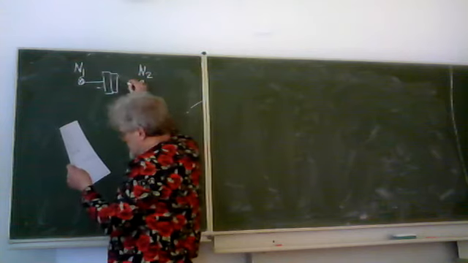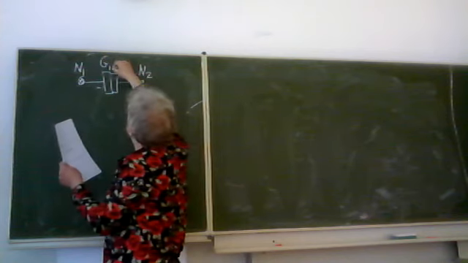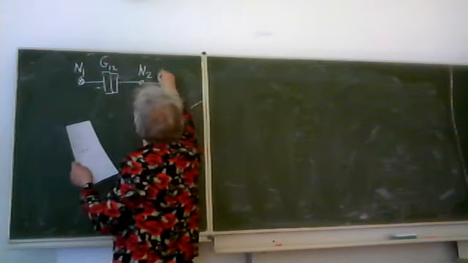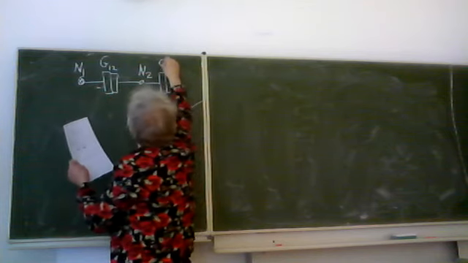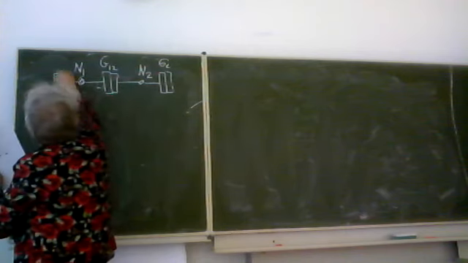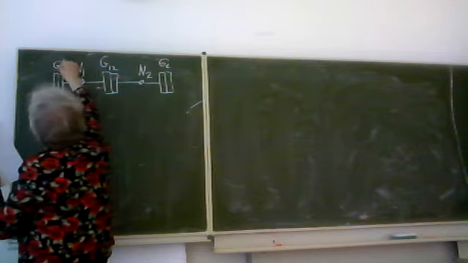And there is a chain of two junctions. So this is called 1, this is called 2. And naturally enough, this is 1.